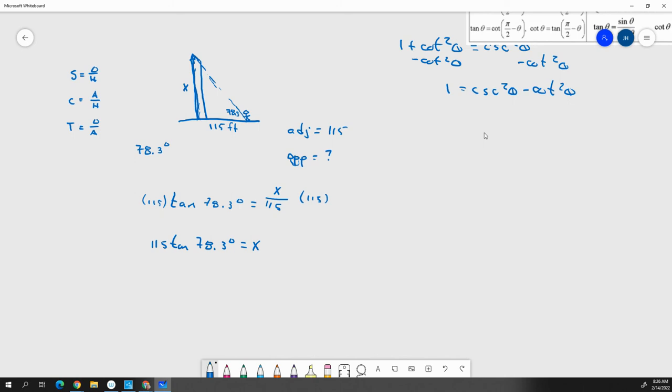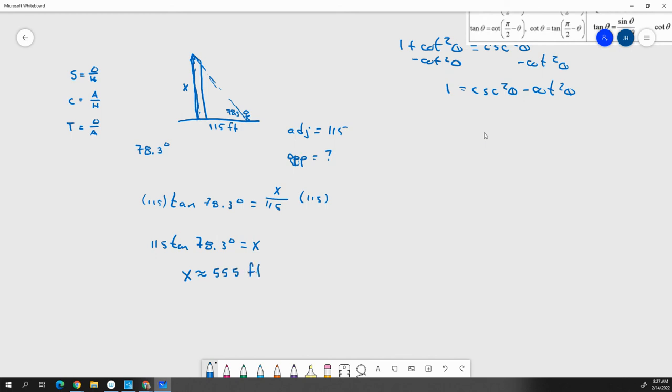And when I hit enter, I get 555.31 feet. And so I get x equals approximately 555 feet.